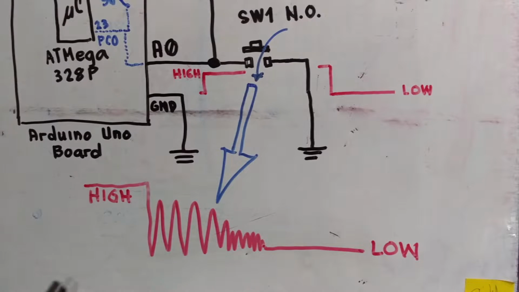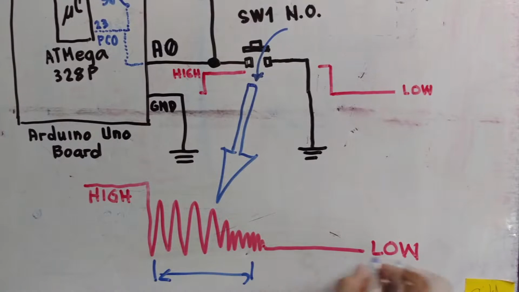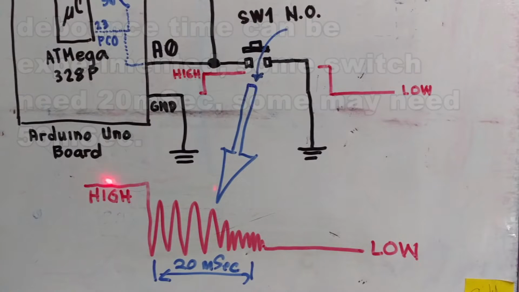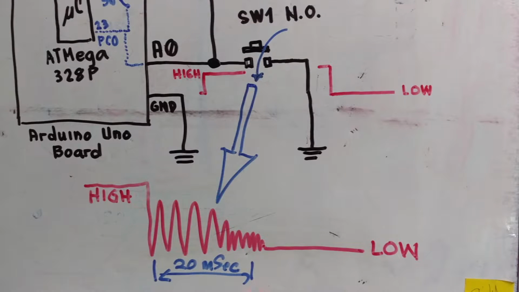So be careful to detect the presence of logic low only after maybe 20 milliseconds. That means in the program, it's logic high, and then you wait about 20 milliseconds and then detect the presence of logic low, so that your detection will not be misleading or false.